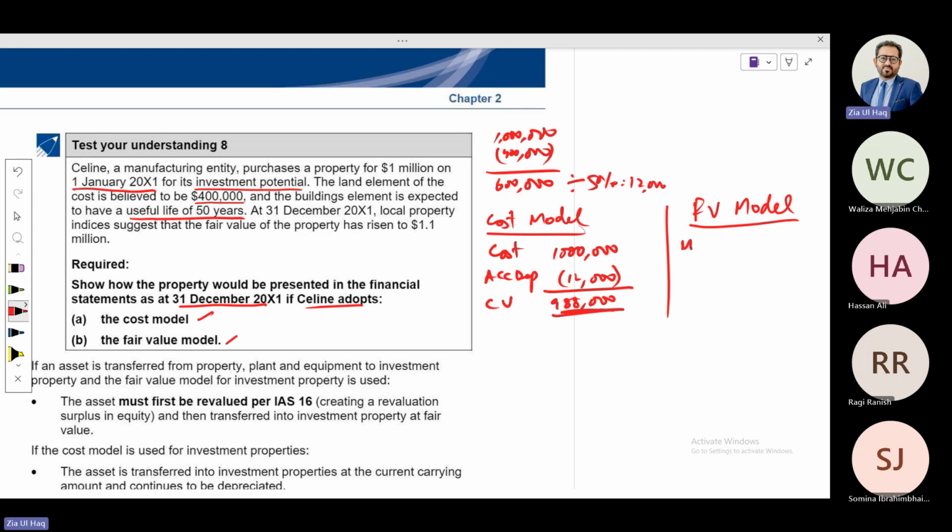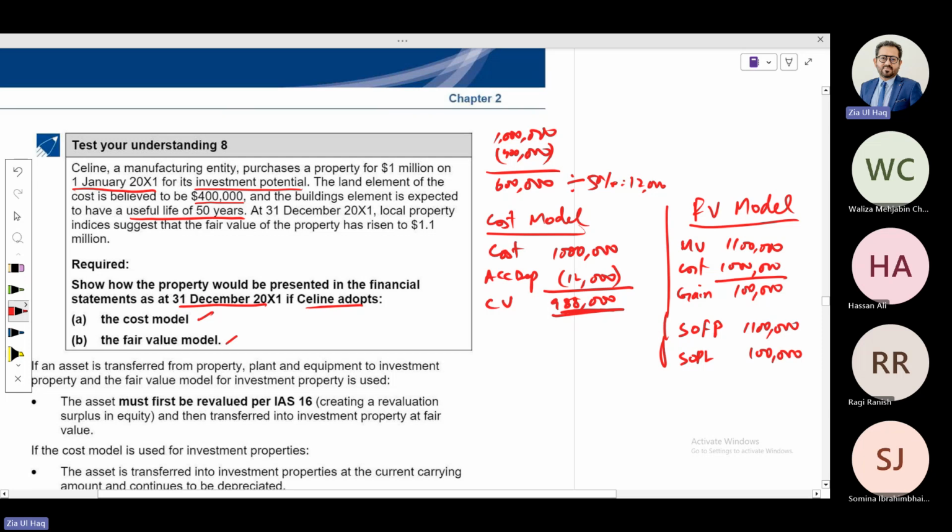So market value is 1,100,000, while its cost was 1 million, so 100,000 is the gain. In the statement of financial position, it should be recorded at 1,100,000. And in the statement of profit and loss account, we need to record what? 100,000 as gain on profit.